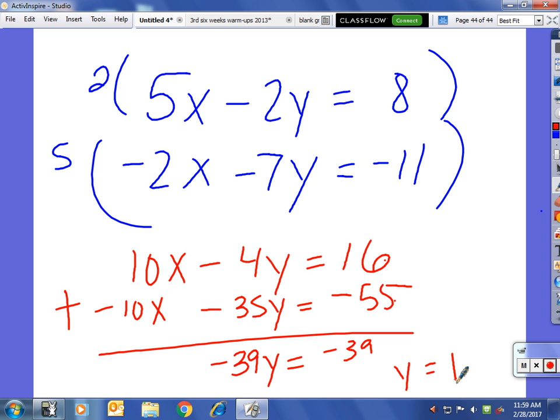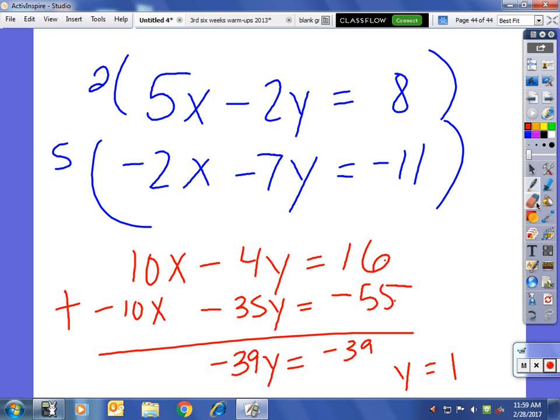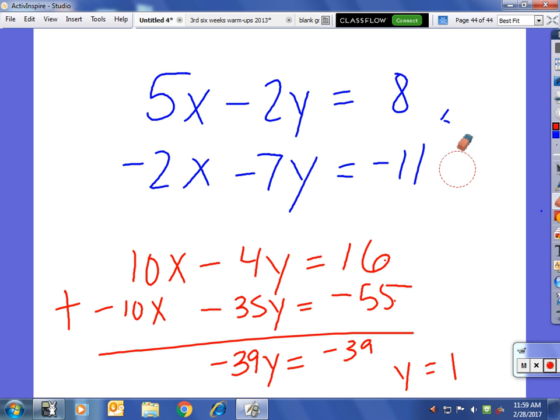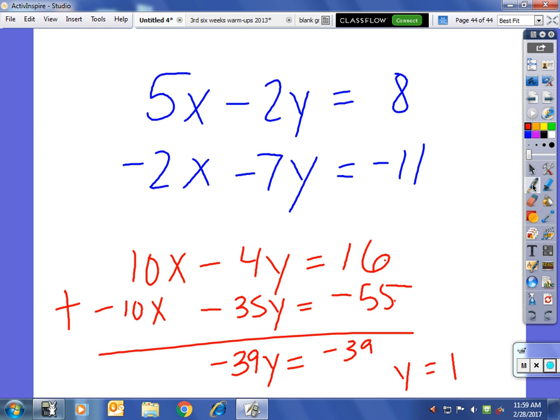Nick votes for the second blue one before we changed it. Well, let me, I just wrote that so you could see what we were doing. The original equations just look like this. And show me with your hands what you get.